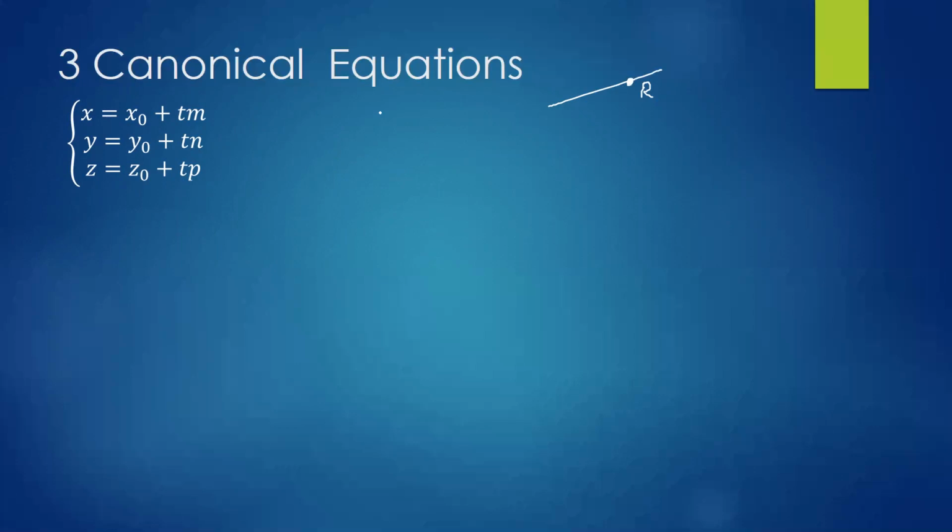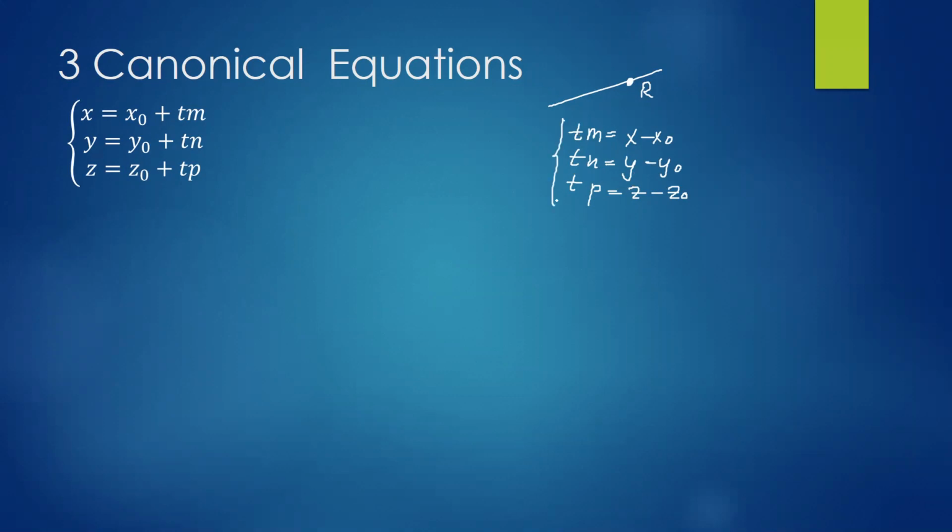So we look at the coordinates and we see evidently tm would be x minus x0, tn would be y minus y0, and tp would be z minus z0. That's something from each of the equations, right?